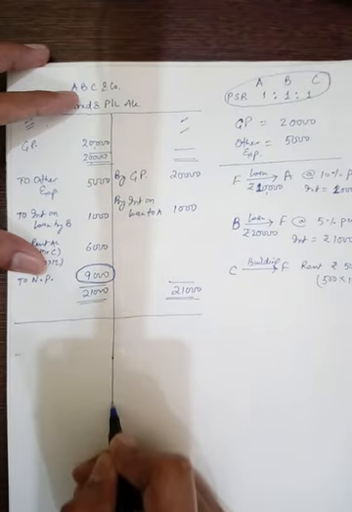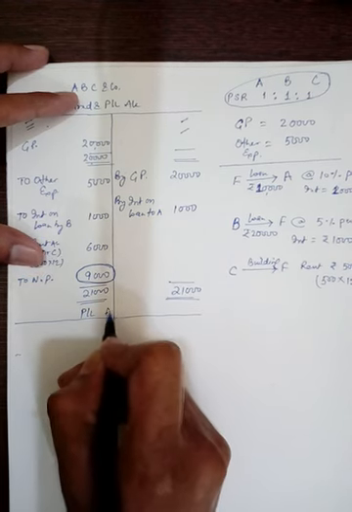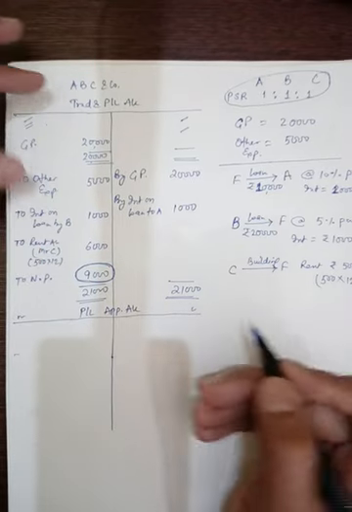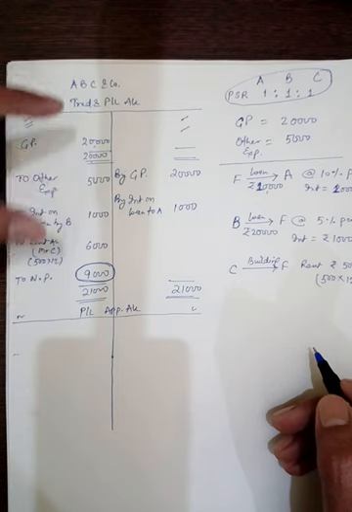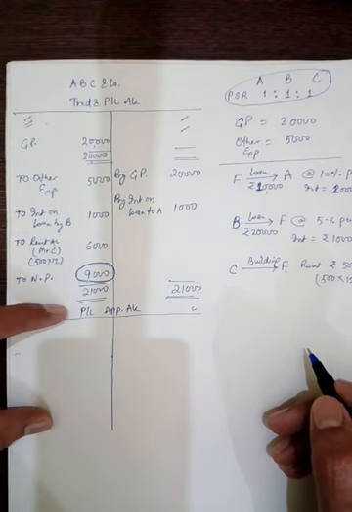So now we shall prepare profit and loss appropriation account. Similarly here, profit and loss appropriation account is an extension of profit and loss account.